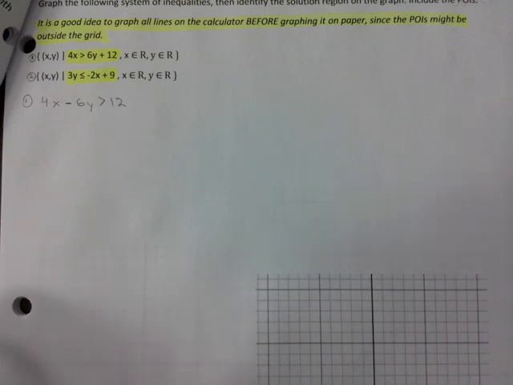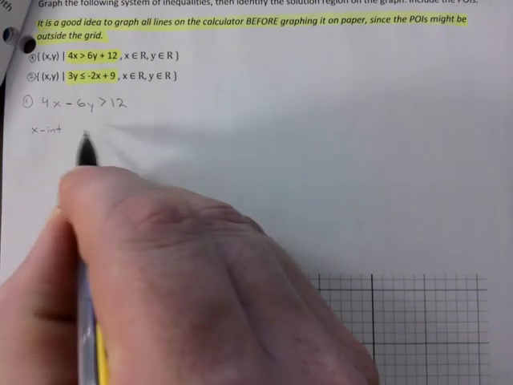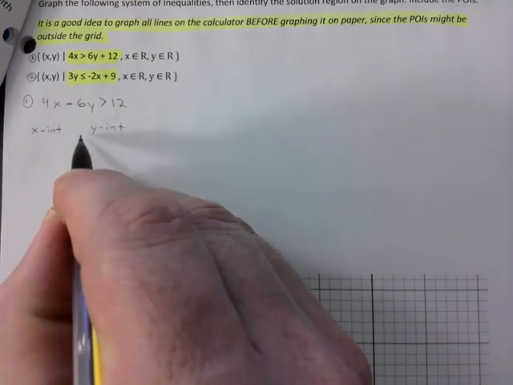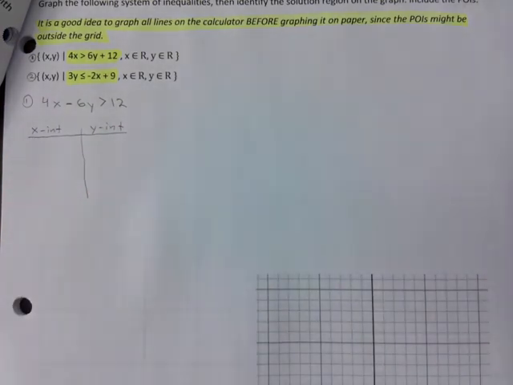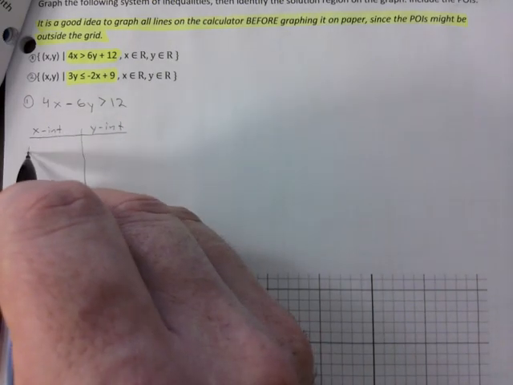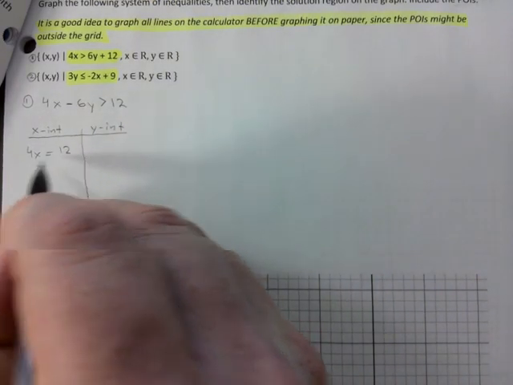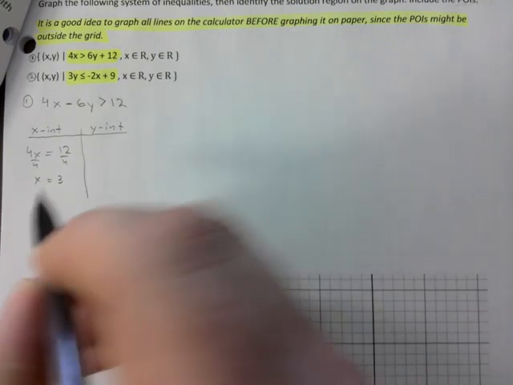After this, let's find the intercepts. X-intercept, Y-intercept. And remember, for this particular moment, you make that an equal sign. The inequality is turned into an equal sign because you want that boundary line in this case. So x-intercept, y is equal to 0, so just 4x is equal to 12. Divide both sides by 4, x is equal to 3.